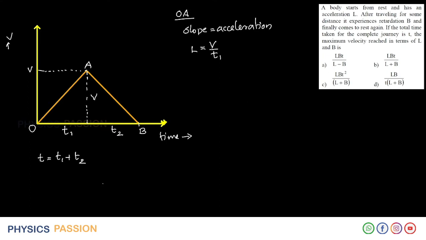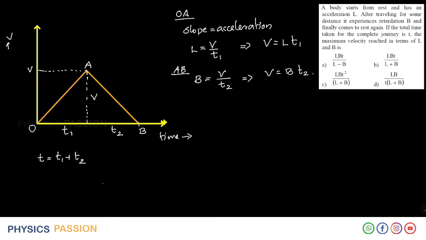Then if you take the second part AB, over there it is deceleration. Deceleration is given as B, and B is equal to v by t2. Comparing these two equations, from the first equation V is equal to L t1 and here V is equal to B t2.